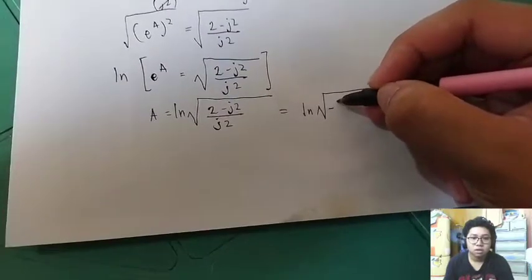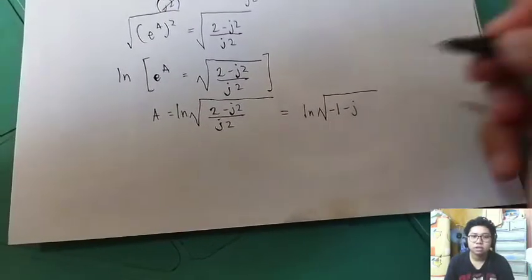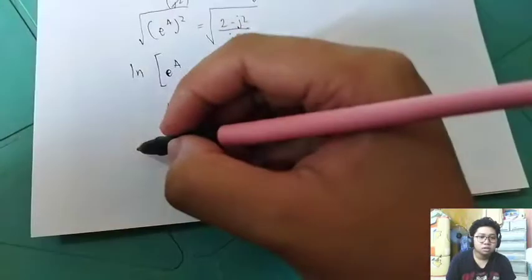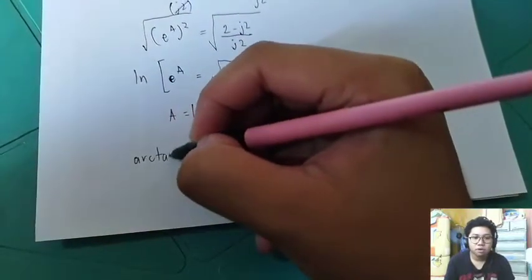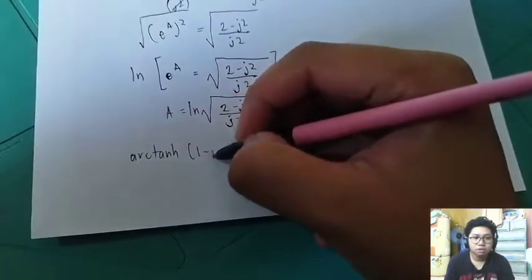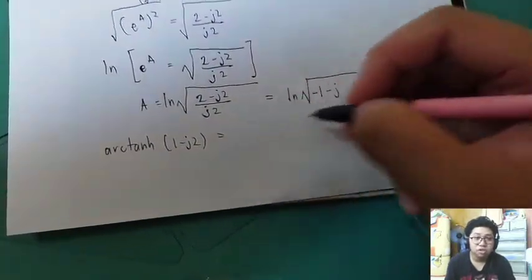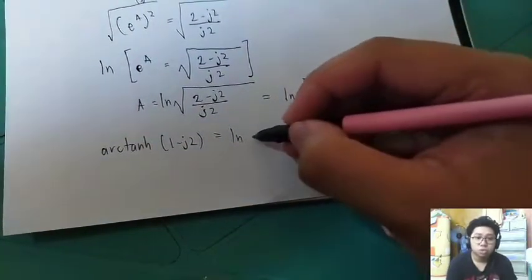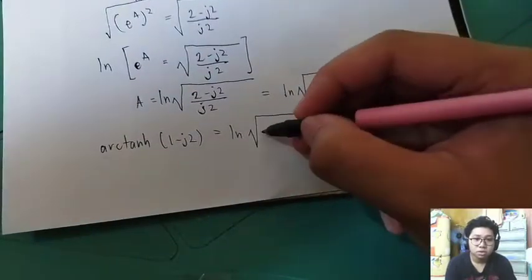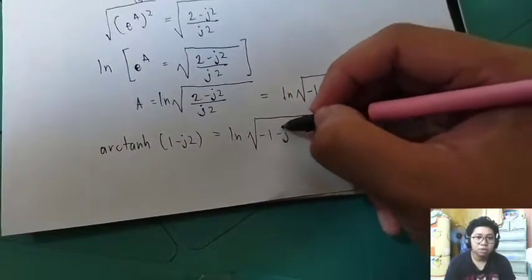So the arc tan hyperbolic of 1 minus j2 is equal to the ln of the square root of negative 1 minus j.